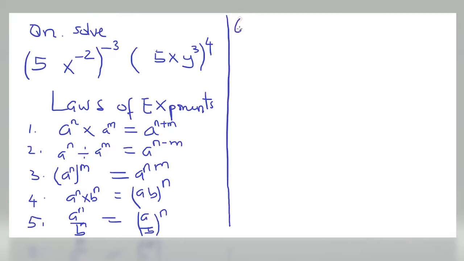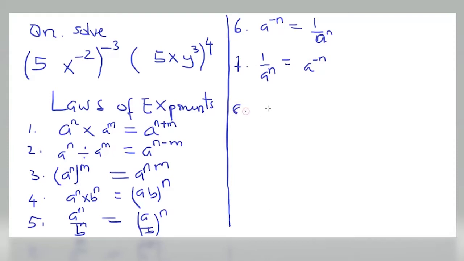Then rule number 6, if you have a^-n, which is a negative exponent, this can be written as 1 over a^n. Also, 1/a^n can be written as a^-n.